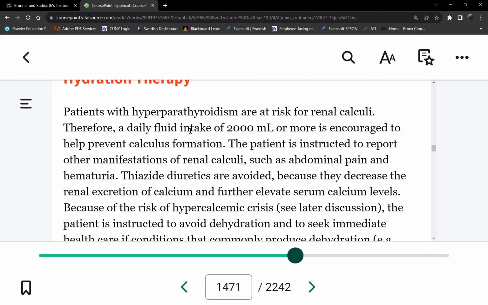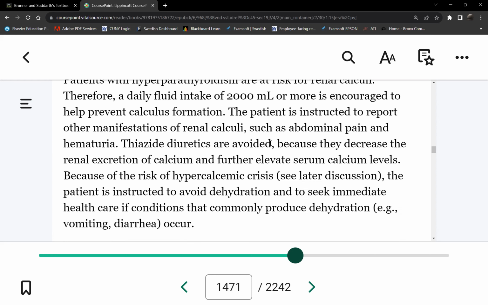However, this is not the only treatment. Once we give the fluids, we will also give the patient diuretics at the same time. This will facilitate removal of calcium from the body. This intervention will limit the complications. It will limit kidney stones from forming, and it will prevent serious dysrhythmias caused by the hypercalcemia.